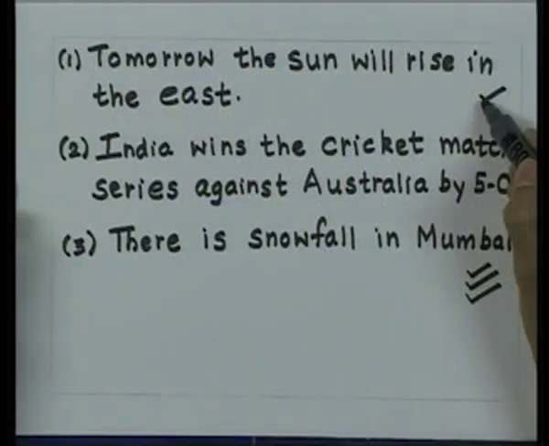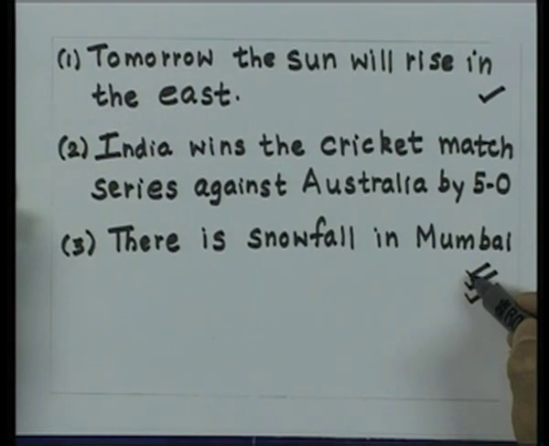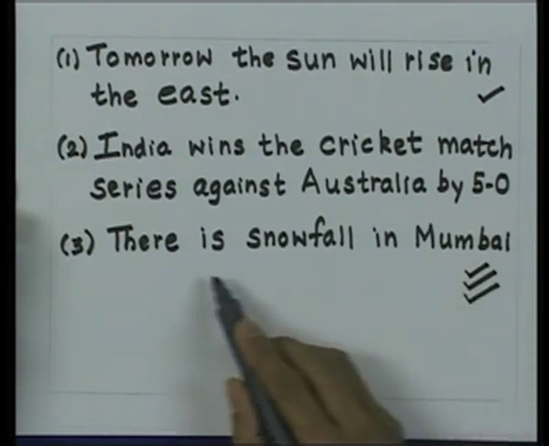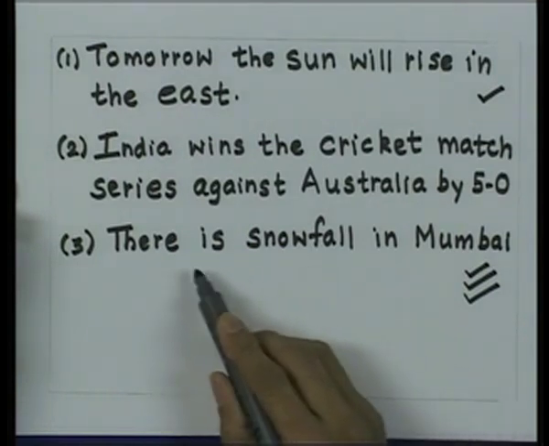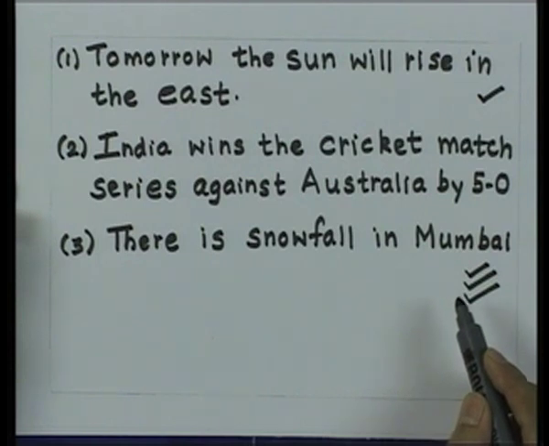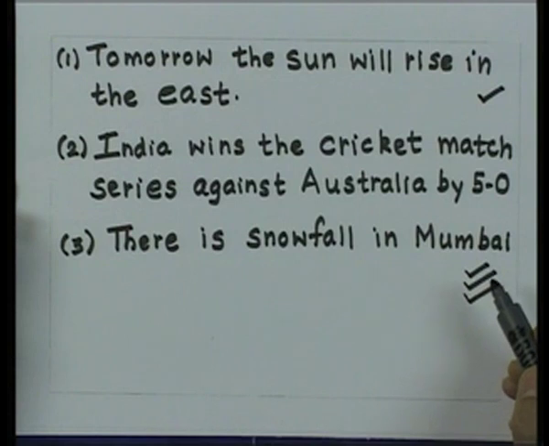The probability of occurrence of the event associated with headline number 1 is almost 1, it is almost certain, correct? Whereas the probability of occurrence associated with event number 3, which says that there is a snowfall in Mumbai, is almost 0, it is not very certain.